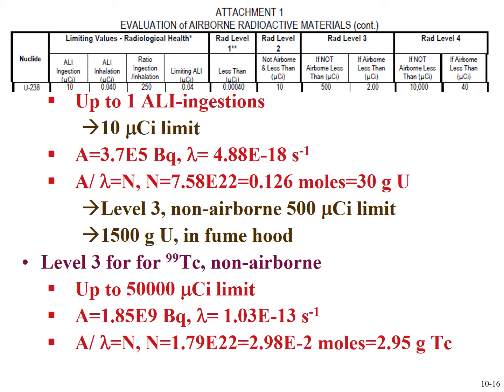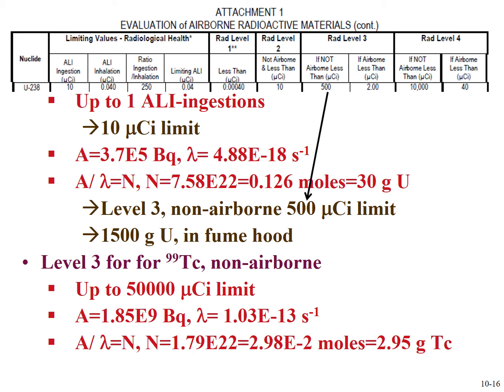That is 0.126 moles, and that winds up being about 30 grams of uranium-238. So this says non-airborne uranium-238. If I had 30 grams of uranium-238 in solution, I would be at one ALI. So I could work with this on the benchtop. What would be uranium level 3, non-airborne?